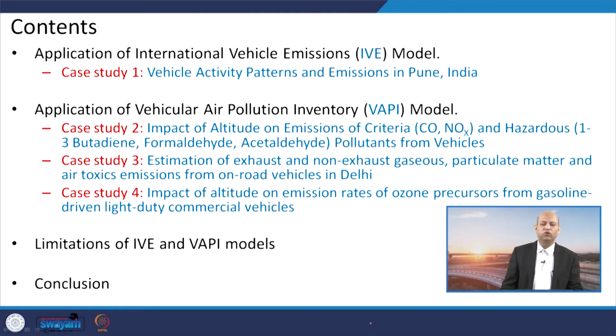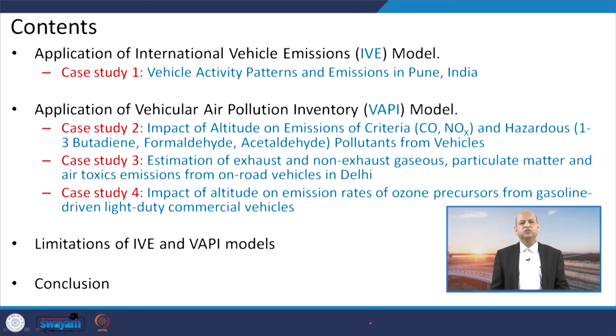One, the IVE model was applied in Pune to estimate emissions and their patterns. Then the impact of altitude on different vehicle categories, on emissions of different criteria pollutants, and estimation of exhaust and non-exhaust emissions of pollutants from vehicular or transportation-related emissions.